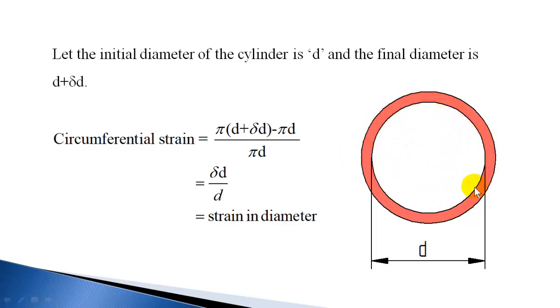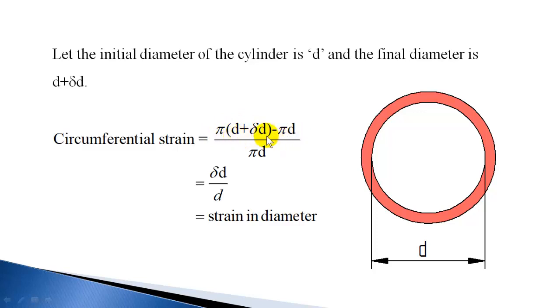After stretching this diameter increases to d plus delta d, so the circumference has increased, and final circumference is pi into d plus delta d.